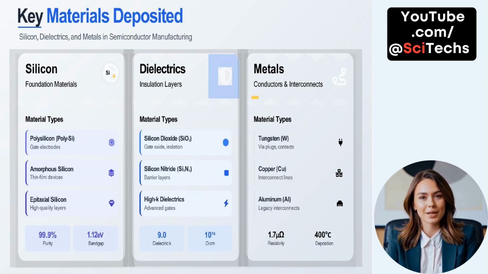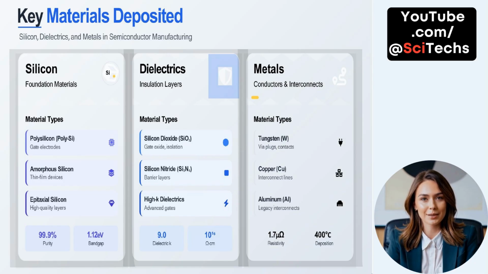Key materials deposited. In semiconductor manufacturing, three major classes of materials are deposited using CVD: silicon, dielectrics, and metals. Silicon forms the foundation of modern devices.